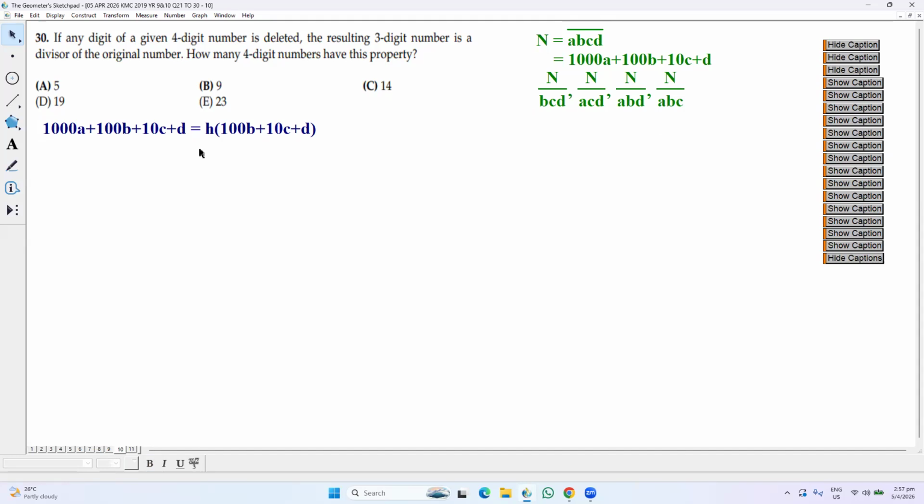If you look carefully, you will come to a conclusion that the first terms are all 0. The digit 0 is there, here 0, here 0, here 0. But H is not 0, because you divide already. So D has to be 0 because all the other terms are 0 already. D must be 0.